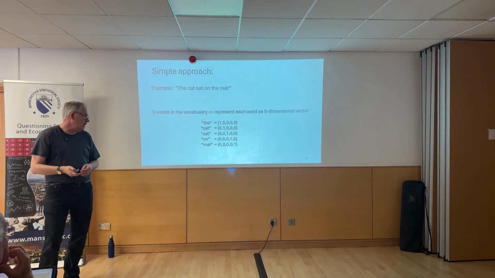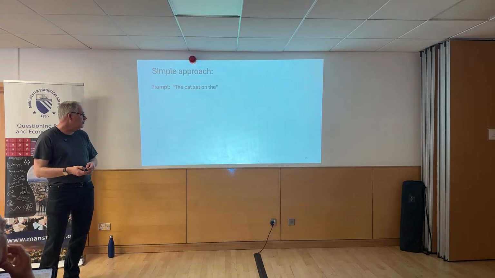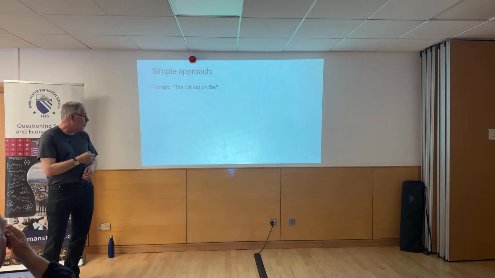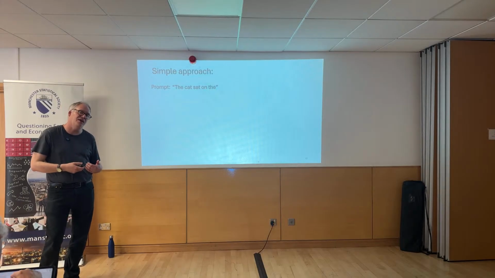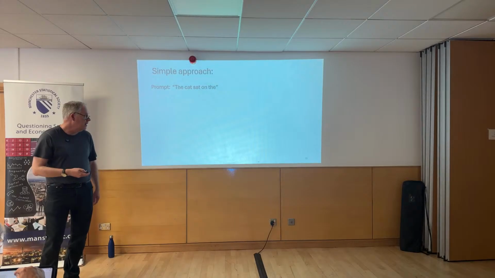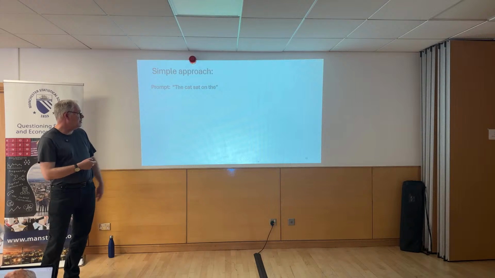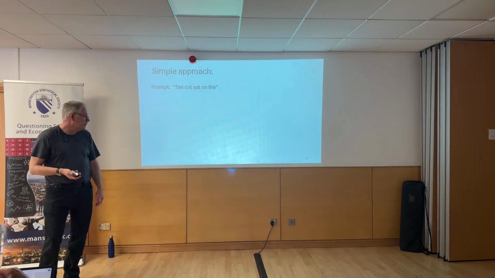But actually what I really care about, what I want to be able to do, is represent the prompt, the actual partial sentence, not the individual words. I want to represent that numerically, because essentially that's what I want to take into account when I'm predicting the next word that would follow on at the end. So how am I going to represent that numerically?